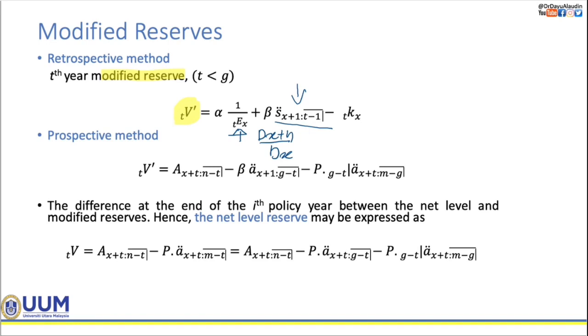The second one is the prospective method. This is the benefit minus the annuity times beta, and this is the deferred annuity times the premium. The difference at the end of the ith policy year between the net level reserve and the modified reserve, hence the level reserve, may be expressed as this equation.